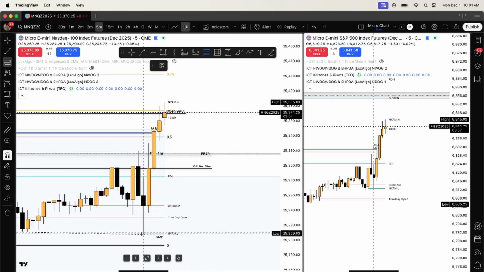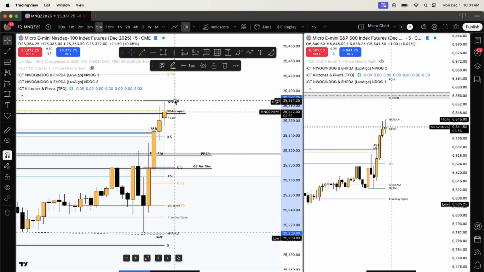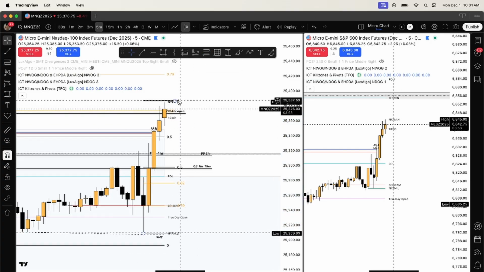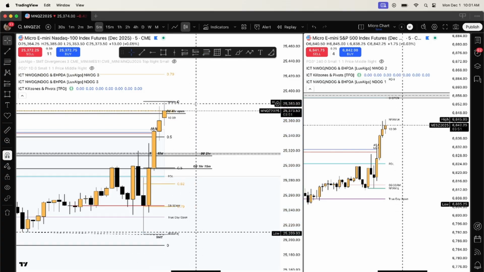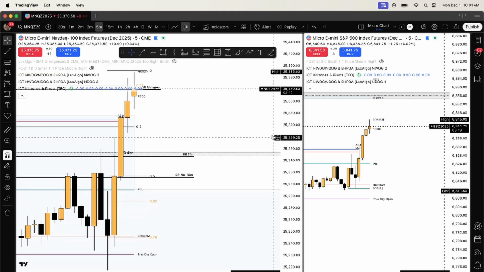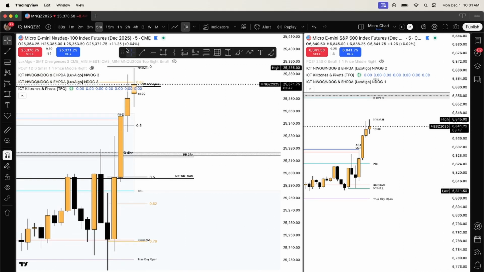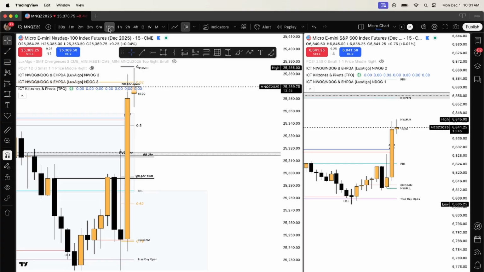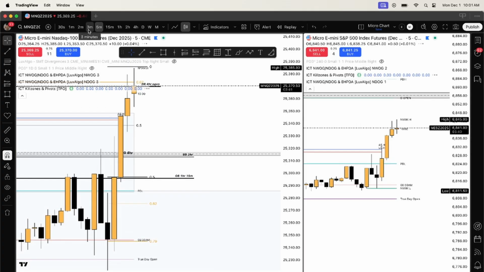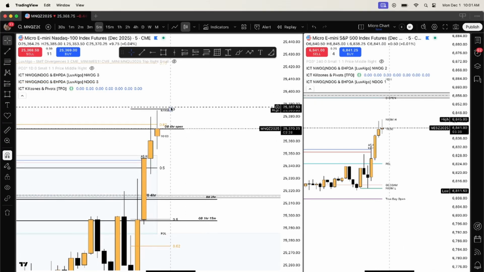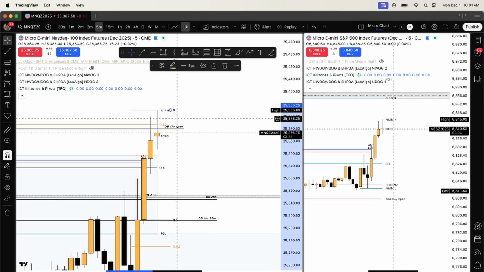But I'm not seeing price want to do that. 50% is pretty spot on to this 1 hour / 15-minute order block and breaker for the 15-minute. So looks clean. I mean, looks like a clean kind of setup for longs.